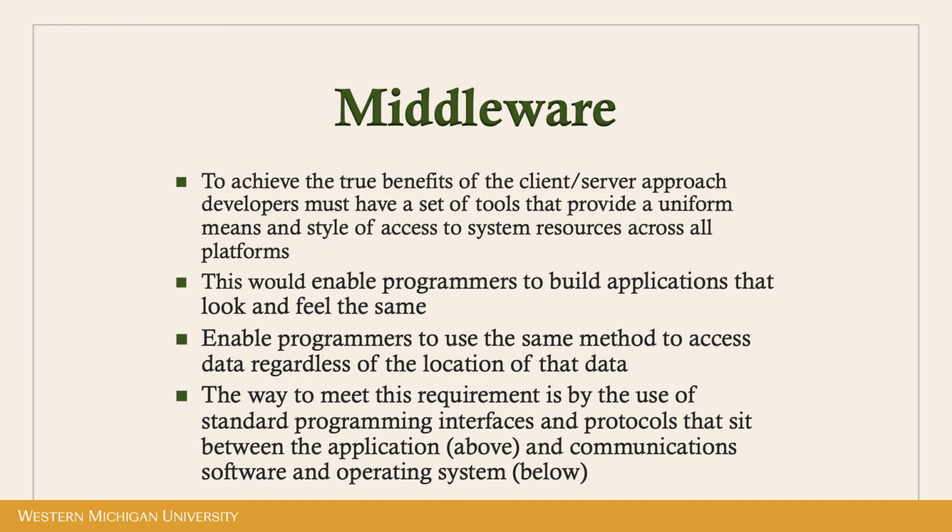It enables programmers to build applications that look and feel the same, right? Same methods to access data regardless of location of that data, same kinds of interfaces regardless of what operating system is being used at the client. And the way we can do that is to use standard programming interfaces and protocols that are between the application and communication software and the operating system.